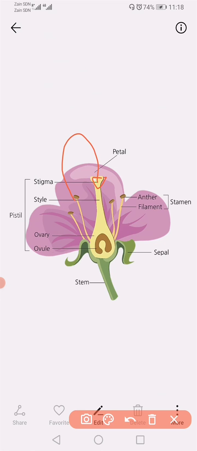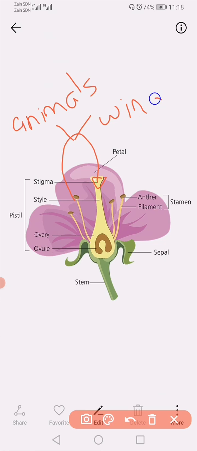And this transfer takes place in one of two ways: either by animals or by wind. And this process is called pollination.